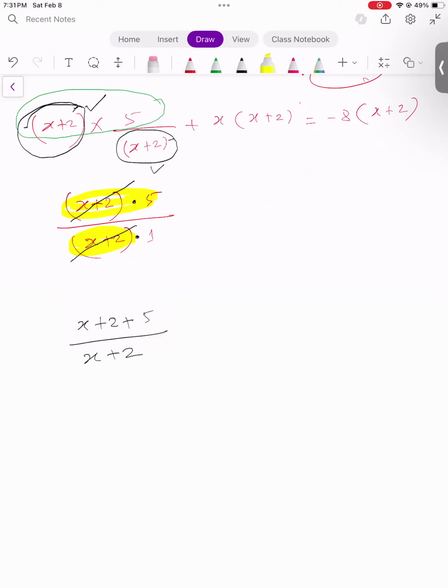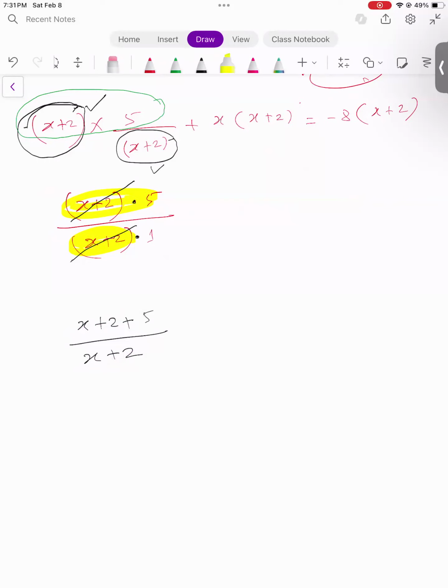Now here, can we cancel x plus 2 like we did earlier? No, we can't. Every time you cancel numerator and denominator, it has to be in a factor form.